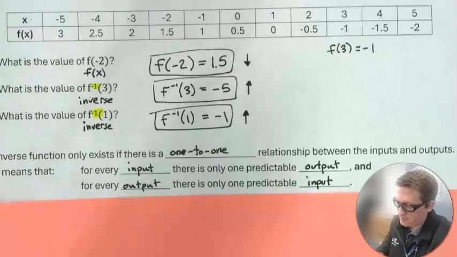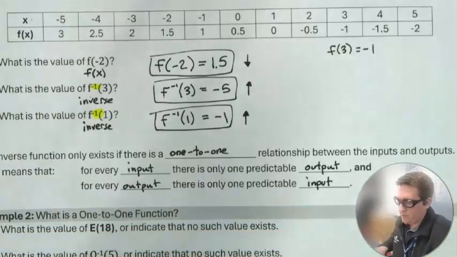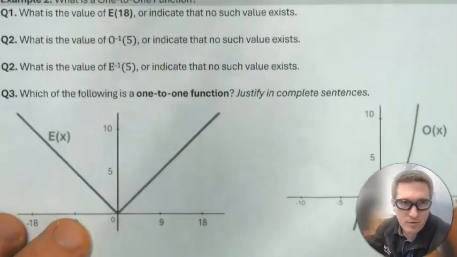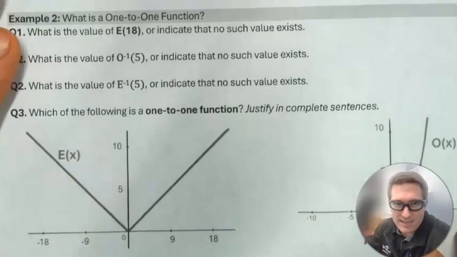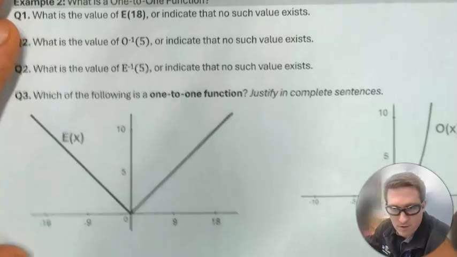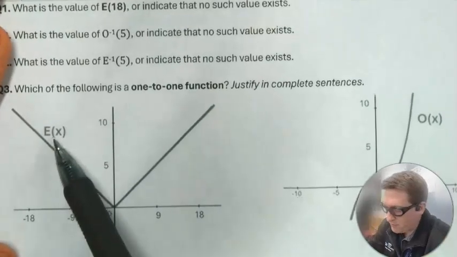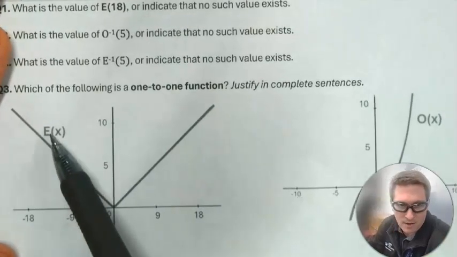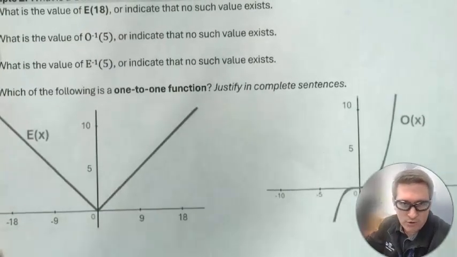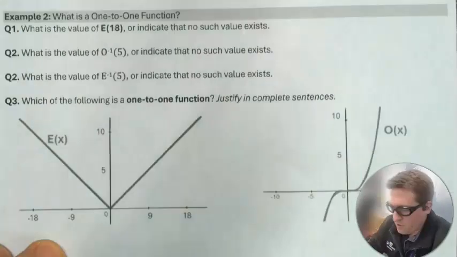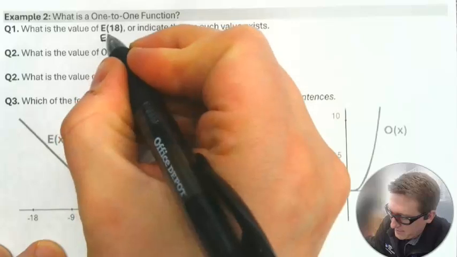So let's take a look at some examples here. We're going to do it with a graph. So question 1, what is the value of e of 18? Okay, that's very important to realize that they put the names of the function next to it, and you got to make sure you're looking at the right function. The way this is notated here, I can see here that it's e of x.